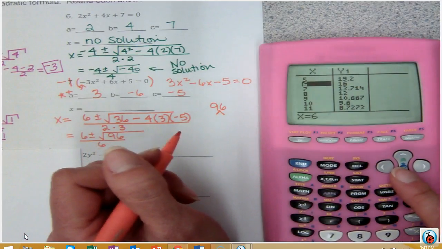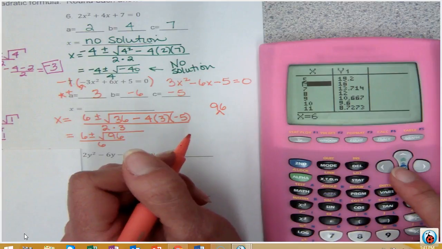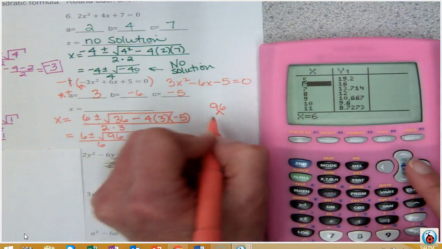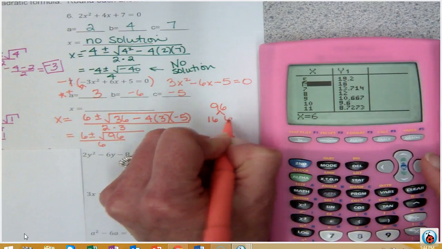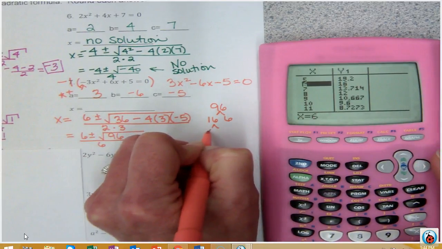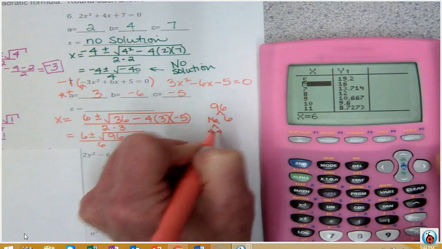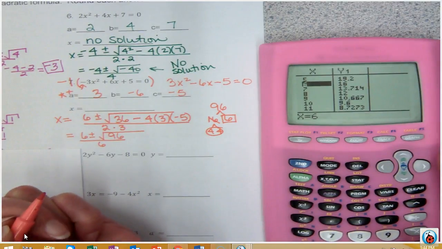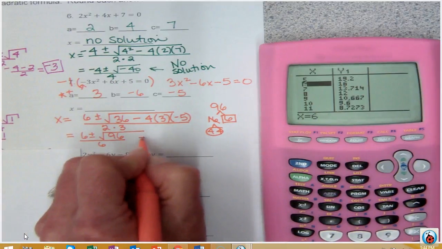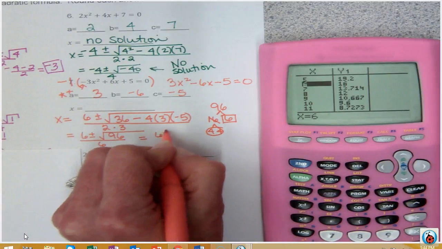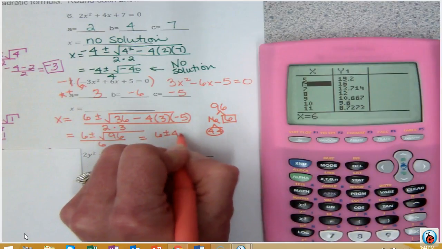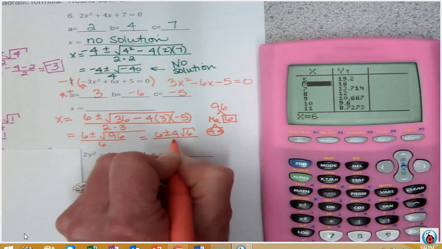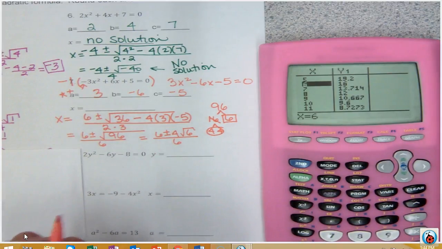You've got 6 and 16. 16 is a perfect square, so that sounds good to me. 16 and 6. So I've got 4 and 4. I can circle my 4s and keep my 6. So then I'm left with 6 plus or minus 4 square root of 6 divided by 6.